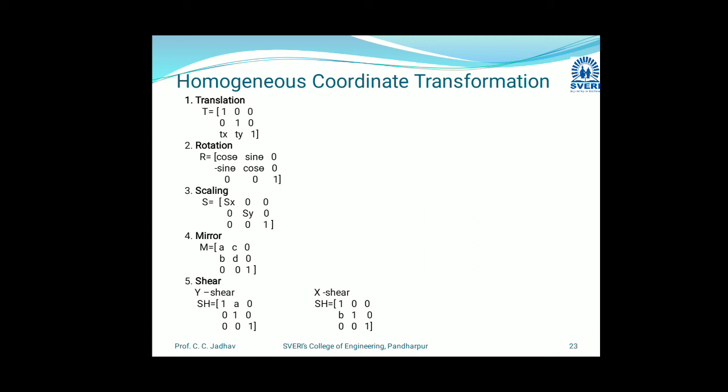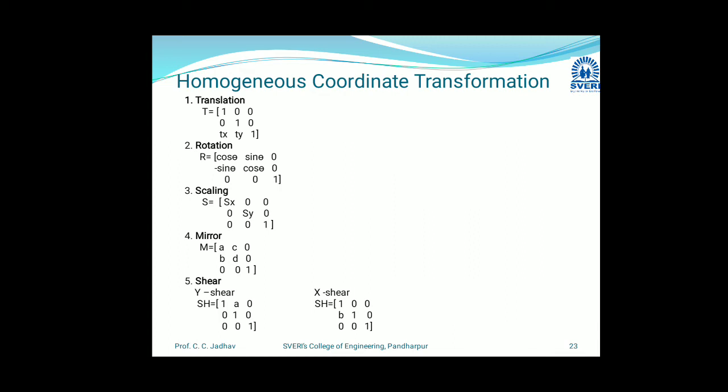Next, mirror. Capital M is equal to A C 0, B D 0, 0 0 1. ABCD are coefficients. According to the axis, x-axis, y-axis, line y equals x or y equals minus x, like that, we can put the values of these ABCD coefficients. So this is the mirror matrix. Then shear, again there are two types, shear in y direction and shear in x direction.